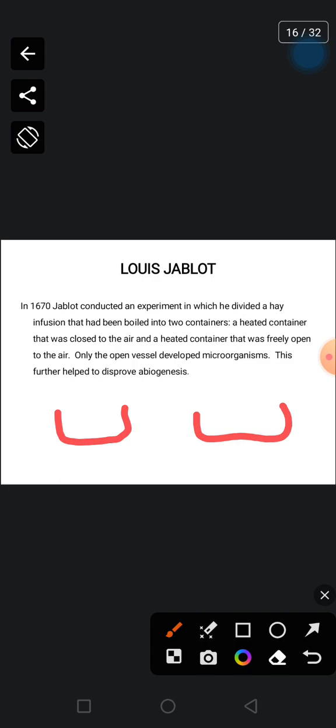The first container he covered, closing its end, while the second container was left open. He heated both of them, and after heating he saw that the open container developed microorganisms. Therefore he disproved abiogenesis.